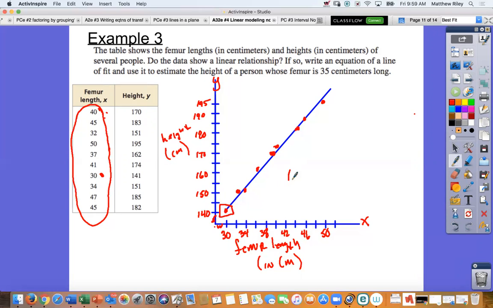It looks like it's going through the point (31, 40). Again, it doesn't necessarily have to be a point as long as it's very close. And another one that I see, well, it looks like that is about (46, 185). Or (45, 180). Let's make it (45, 180).